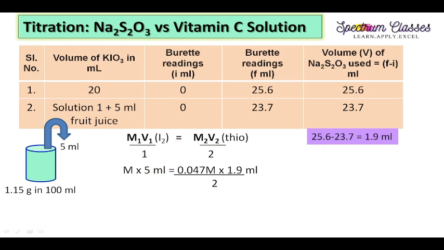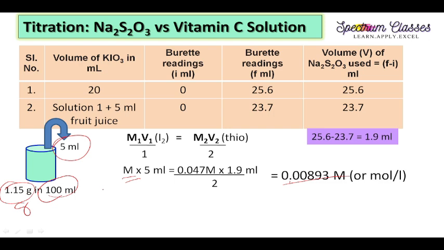On solving, we get this much molarity of your vitamin C solution, right? But if I prepared this vitamin C solution by dissolving this many grams of vitamin C or ascorbic acid powder in 100 ml, how do I calculate how much vitamin C it contains?